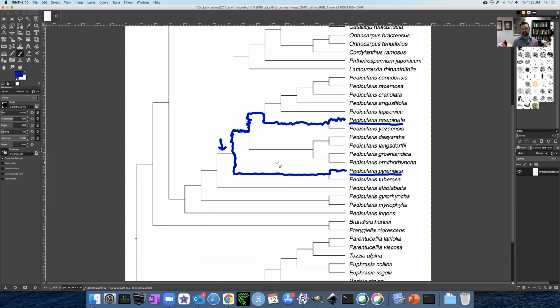Now, for these two species, it might not be all that important to us. But on a bigger scale, we often like to classify groups, right? So we need to classify a genus that has a single common ancestor that's specific to them and not specific to any other genus. That makes them monophyletic.